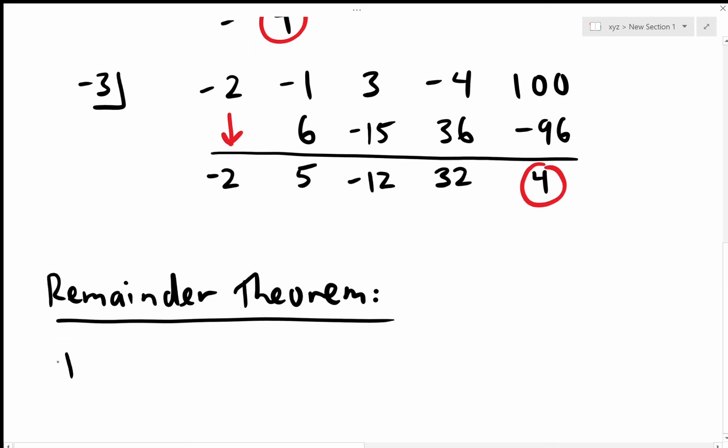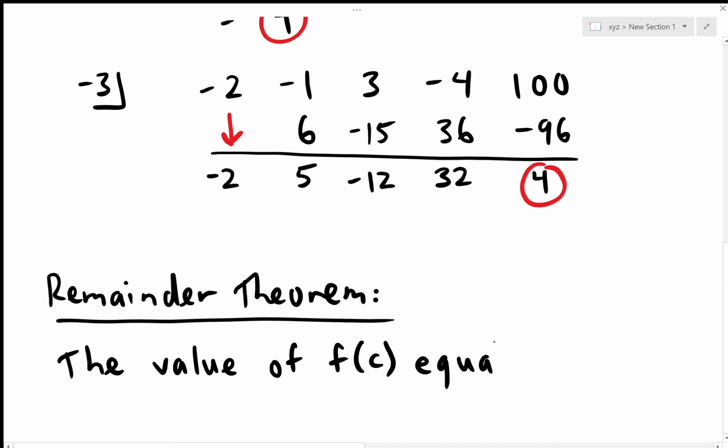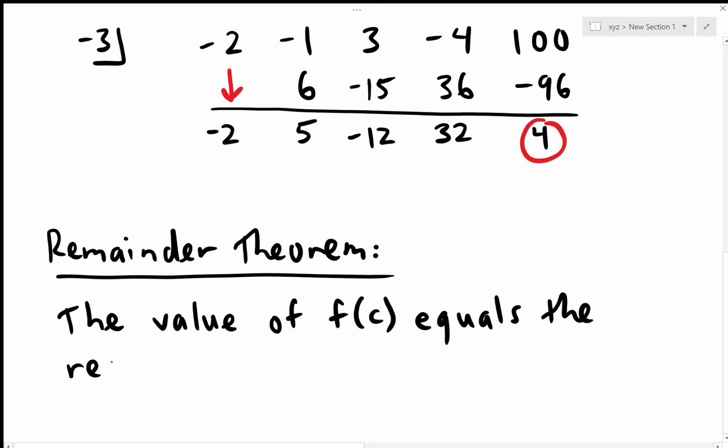So this is simply indicating that the value of f of c, assuming that our function here, of course, is a polynomial, equals the remainder when we divide f of x by x minus c.